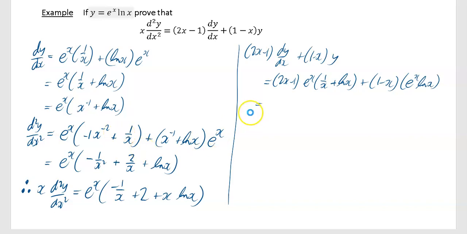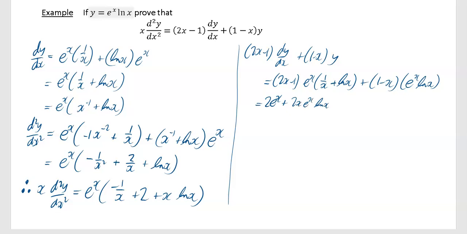Right, first of all I'm doing 2x times e to the x times 1 over x. So that's just going to be 2 e to the x. Then I'm going to do 2x times e to the x times ln x, which is just going to be 2x e to the x ln x.